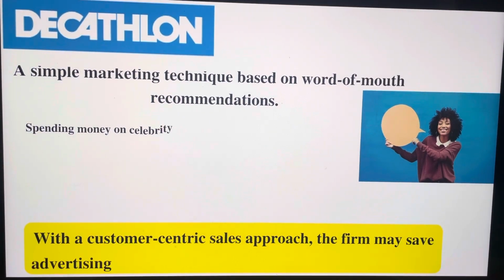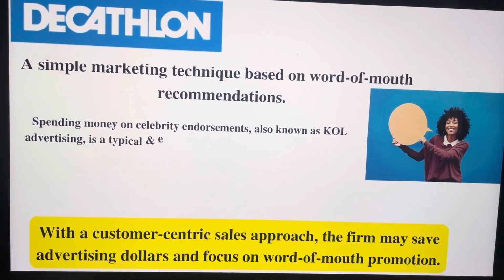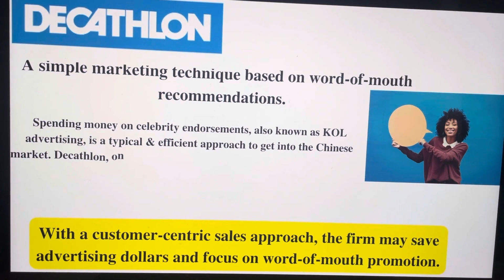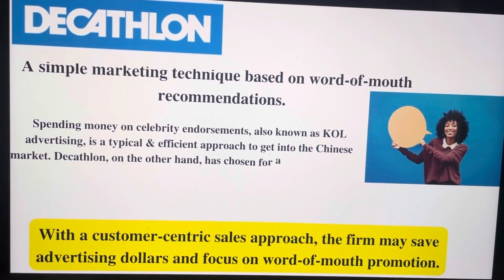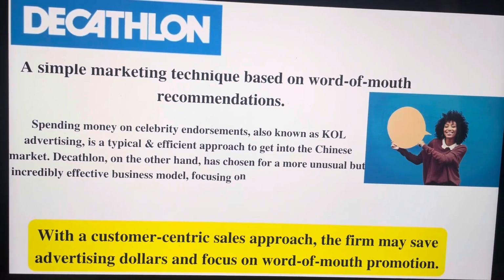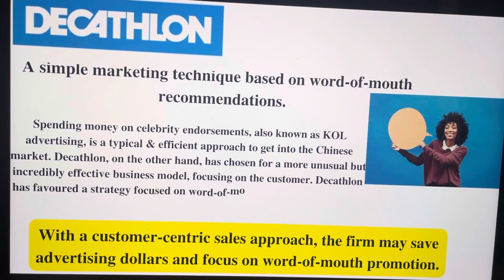Decathlon China favors word of mouth marketing. So, sticking to that, a simple marketing technique based on word of mouth recommendations. Spending money on celebrity endorsements, also known as KOL advertising, is a typical and efficient approach to get into the Chinese market.